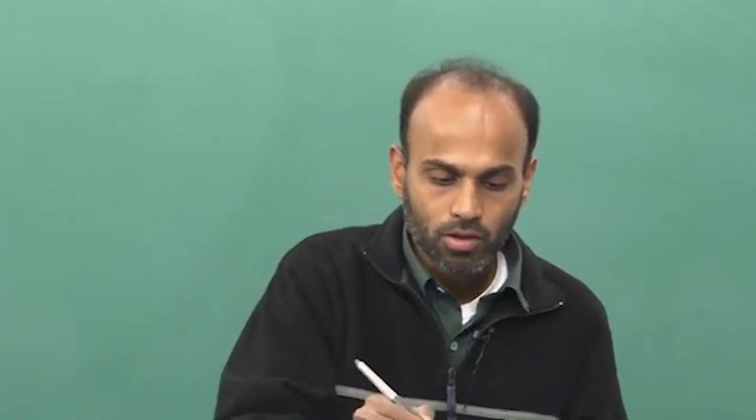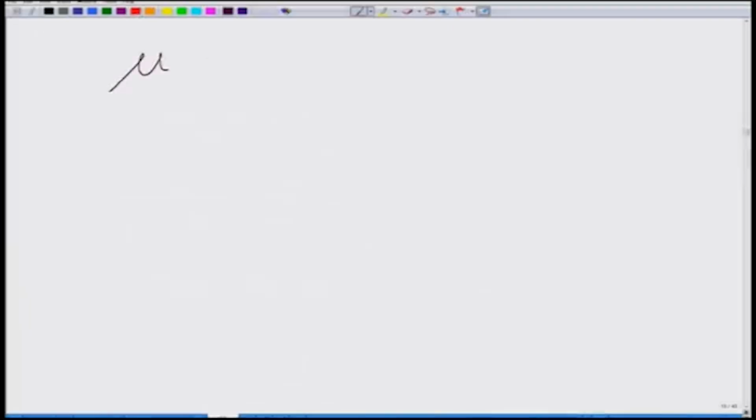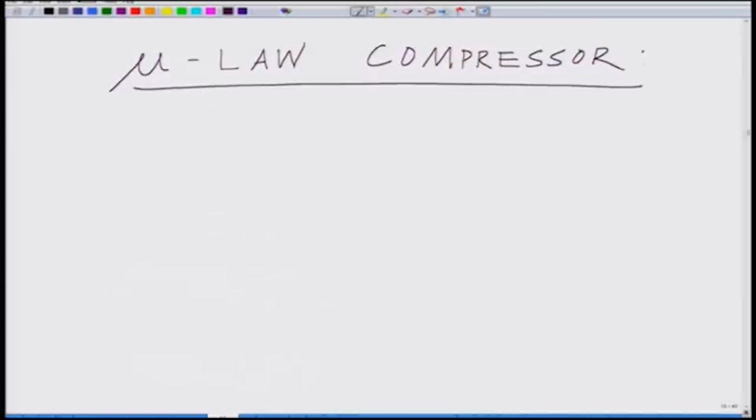Okay. So, for companding, which achieves non-uniform quantization, one can employ the mu law compressor. Alright, this is one of the techniques to compand. So let us look at the mu law compressor for companding.